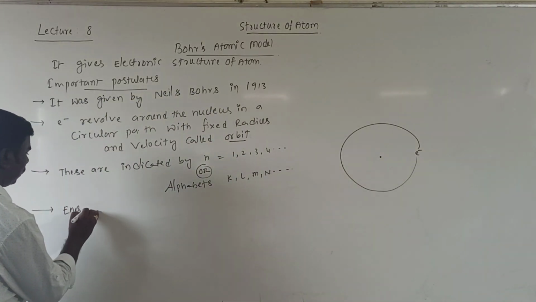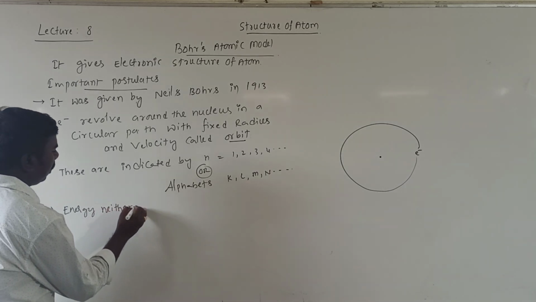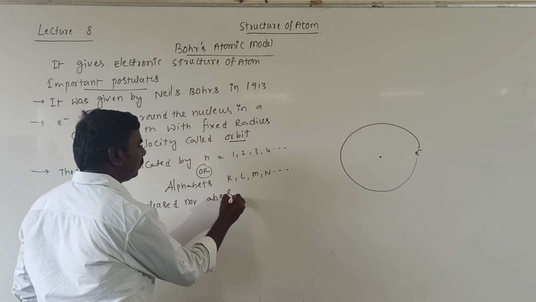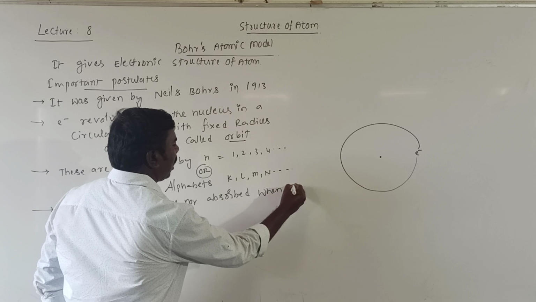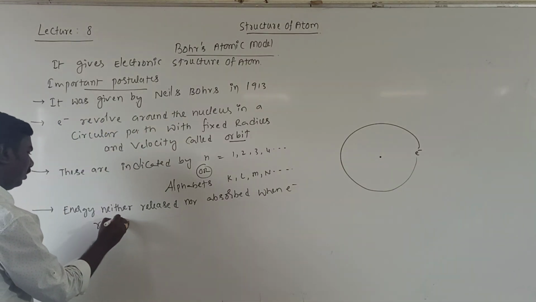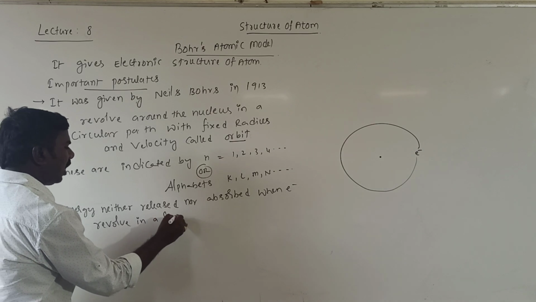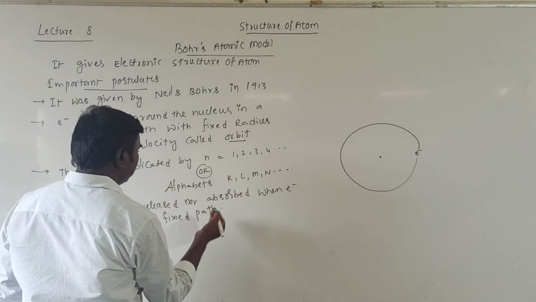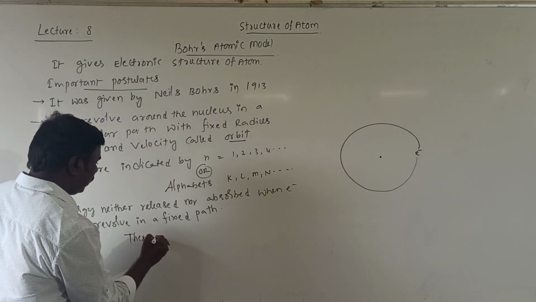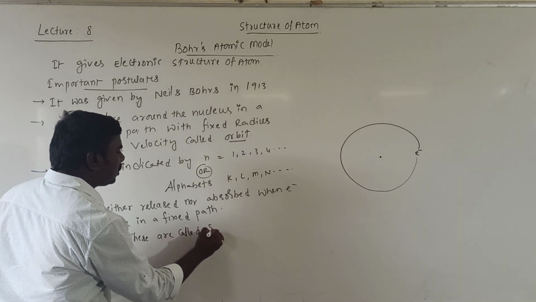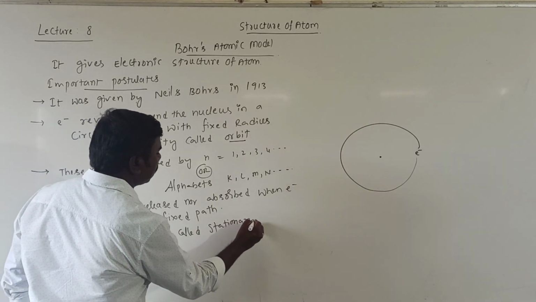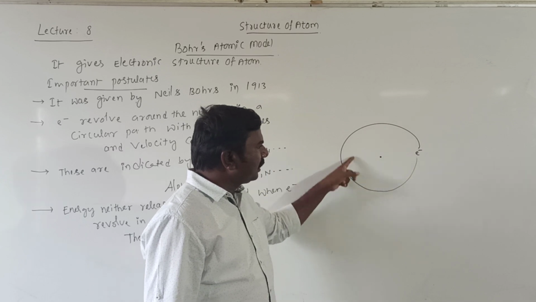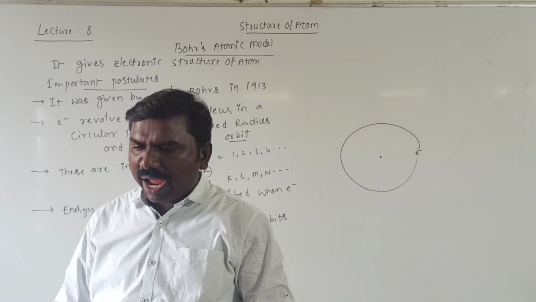Energy is neither released nor absorbed when the electron revolves around the nucleus in a fixed path. These are called stationary orbits. It means it is revolving in this orbit only, but not jumping from one to another.